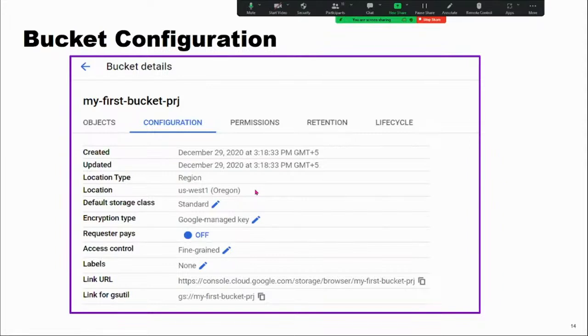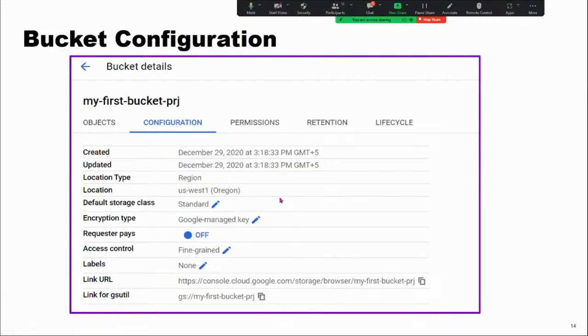If you want to change it, you have to delete your entire bucket and create your bucket with that particular location. Okay, that location is a region, multi-region or dual region, as per your question. But there are a few things, like the storage class you selected, standard, as well as access control fine-grained, and labels if you want to add. So these are the editable properties.